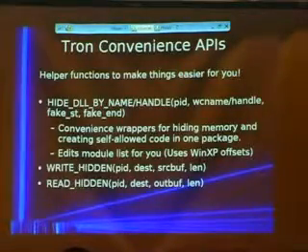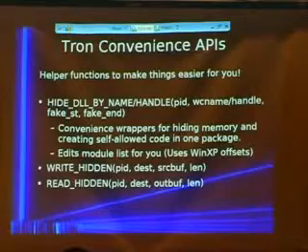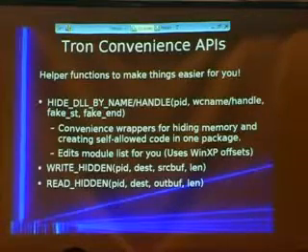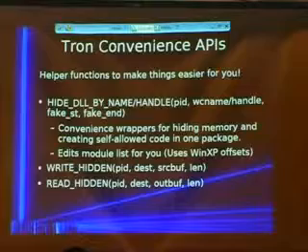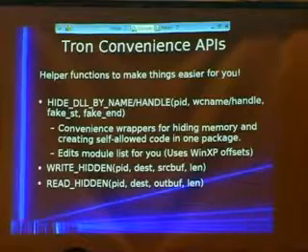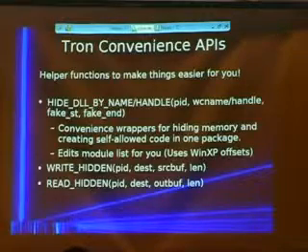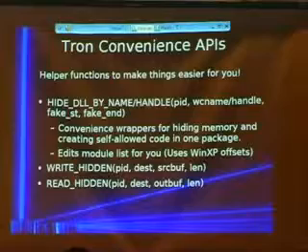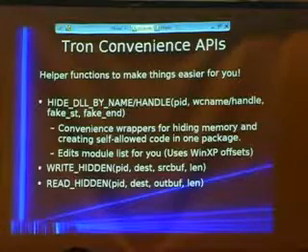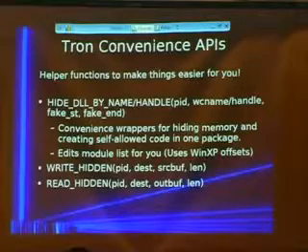To make things even easier and a little bit more helpful for you, there are some convenience APIs. We've got hide DLL by name and handle. These take a WCHAR, or wide string, Unicode, whatever you want to call it, name, or a LoadLibrary base address handle for a DLL, and then some fake memory can also be null cloaked.